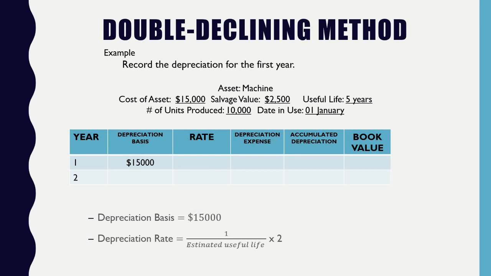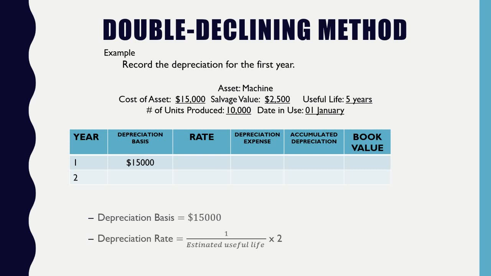Now I need to solve for the depreciation rate, which is 1 over the estimated useful life times 2. We have an estimated useful life of 5 years, so we're going to spread the cost evenly amongst the total lifespan of the asset.